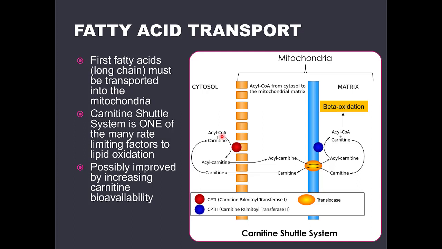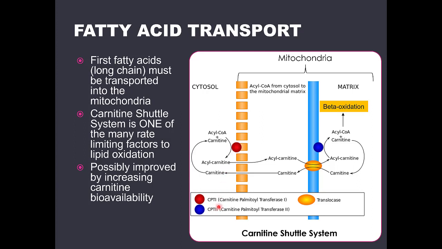So in general, you can view this acyl-CoA here in this figure as a fatty acid. So as you can see here, the fatty acid will combine with this molecule carnitine, producing fatty acyl-carnitine. This reaction is catalyzed by the enzyme called carnitine palmitoyl transferase 1, or CPT1, and you can see that in this legend right here.